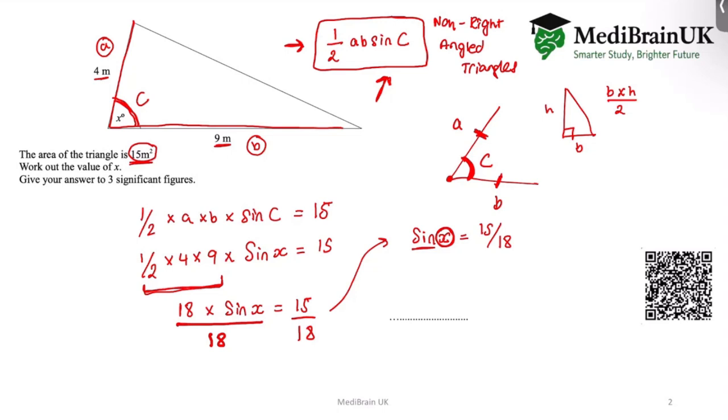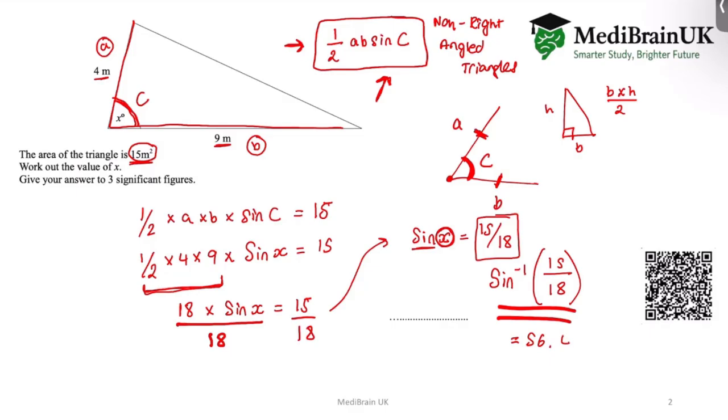So you're going to click shift and sine, and that's going to get you sine minus 1 on your calculator, open brackets, and you're going to type this into your calculator. So 15 over 18. And when you type that into your calculator, so sine to the minus 1, 15 over 18, you will get an answer of 56.4 to one decimal place and to three significant figures.